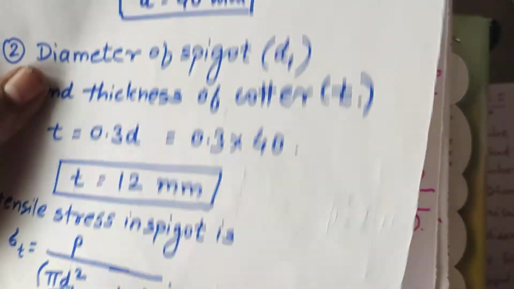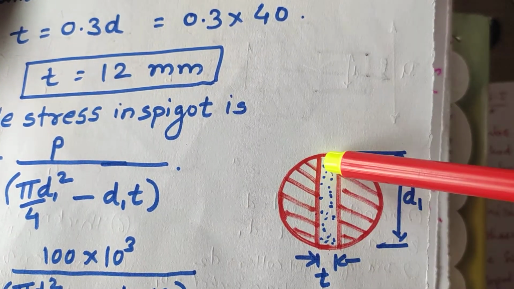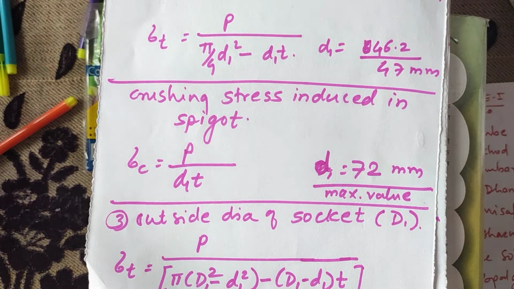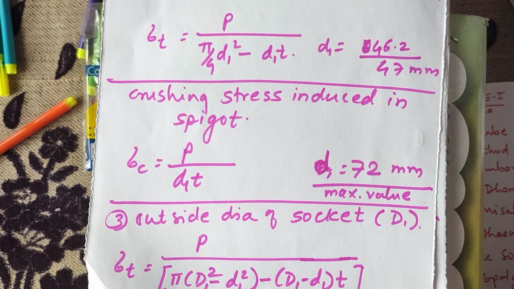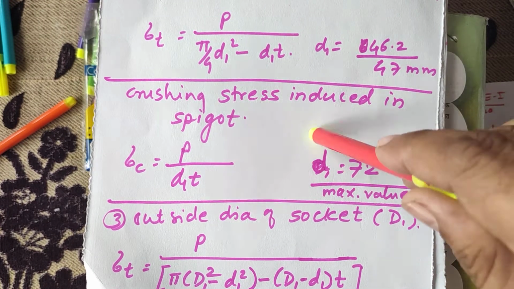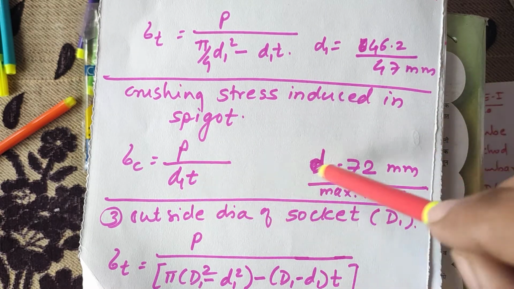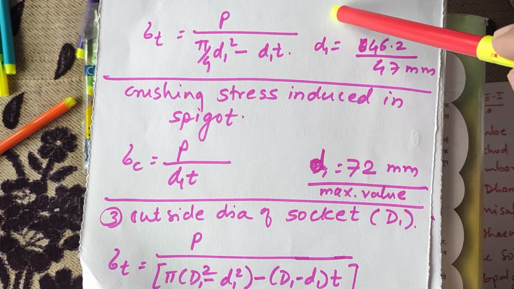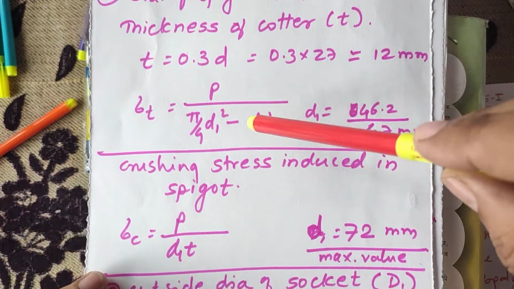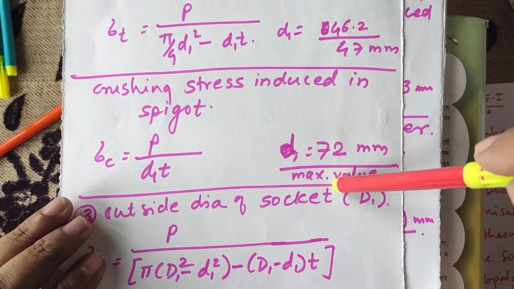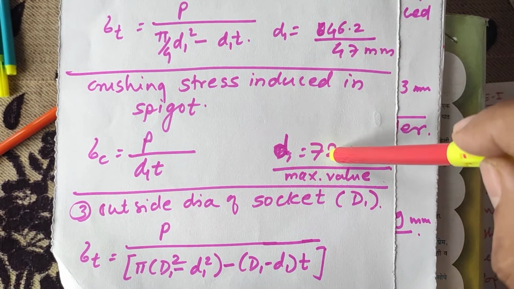Considering this area, for the crushing you check this, and here again you will get the d1 value. So the d1 calculated for the tensile stress and this d1 for the crushing stress, we consider the maximum value of d1.